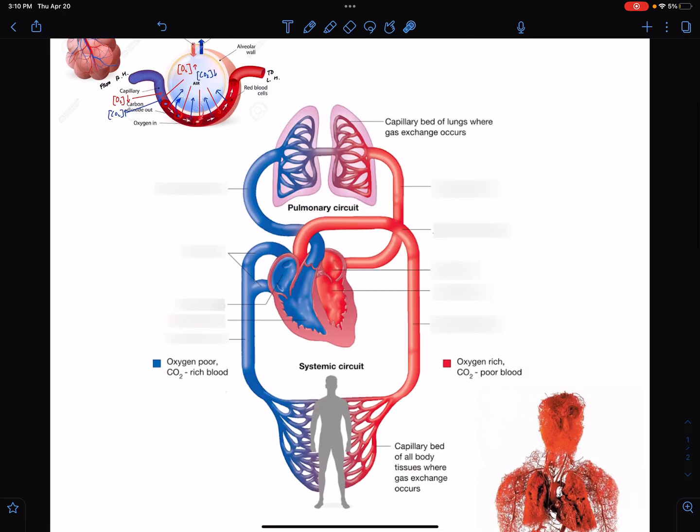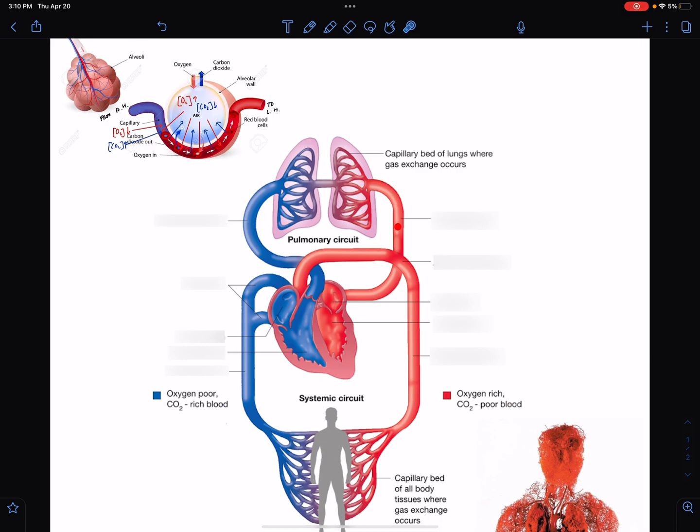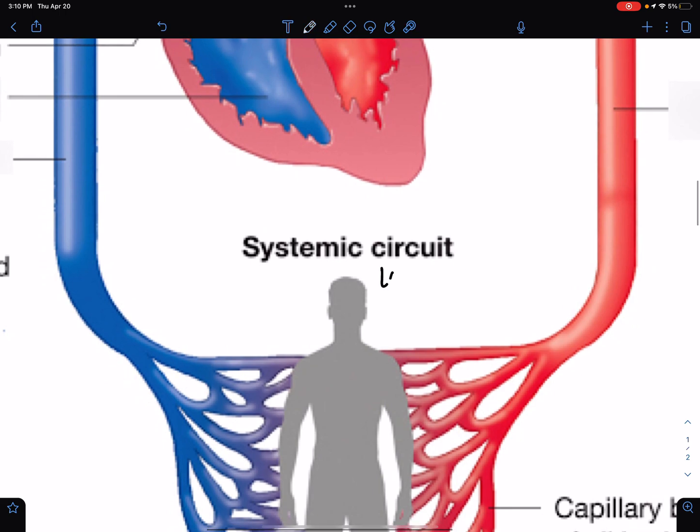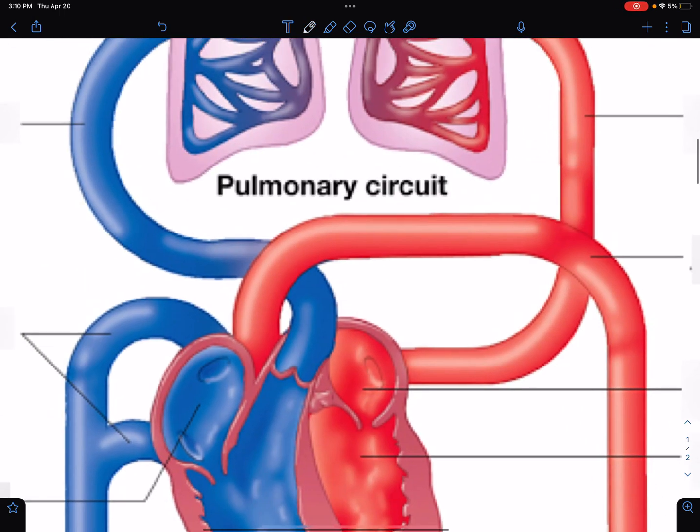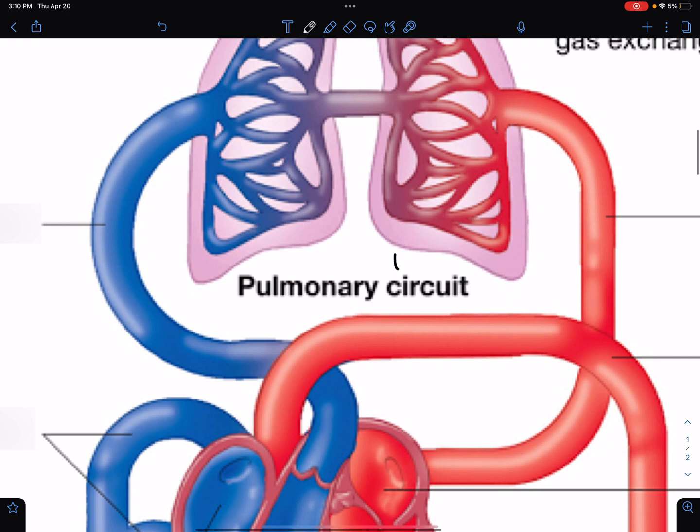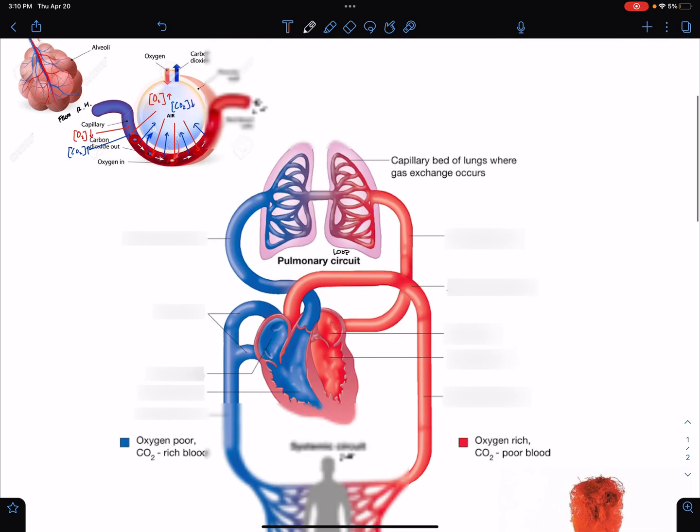So now we've got our oxygenated blood, it's going back to the heart, and here it's going to be pumped from the heart to the whole body. This is called the systemic circuit, or sometimes the systemic loop, and this can be called the pulmonary circuit or the pulmonary loop.